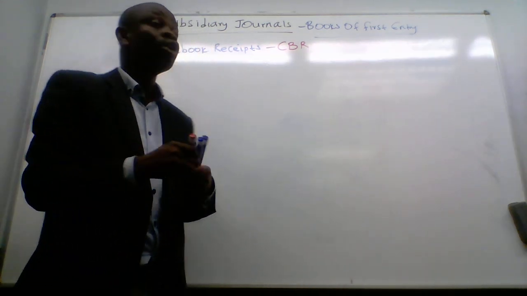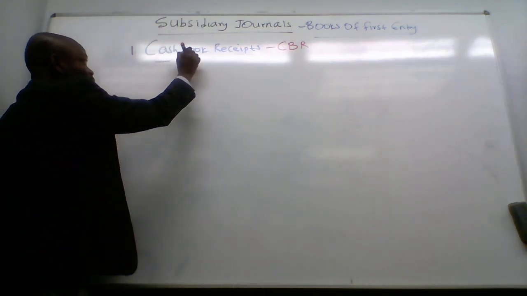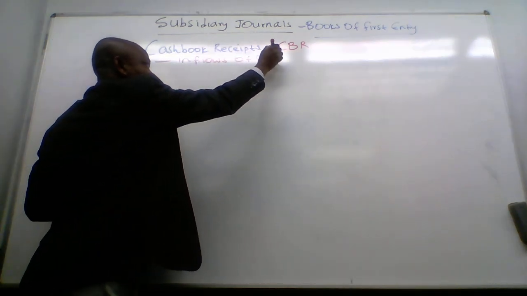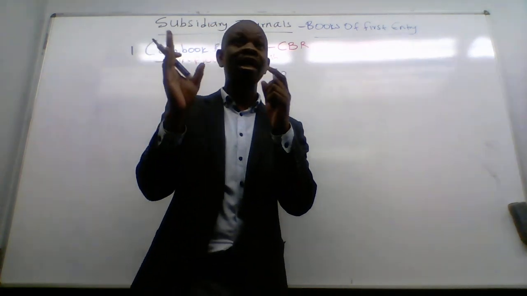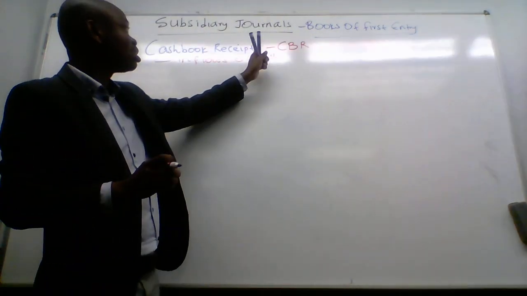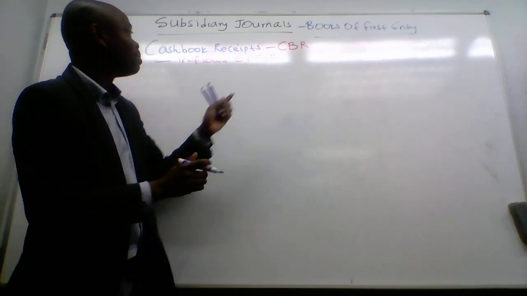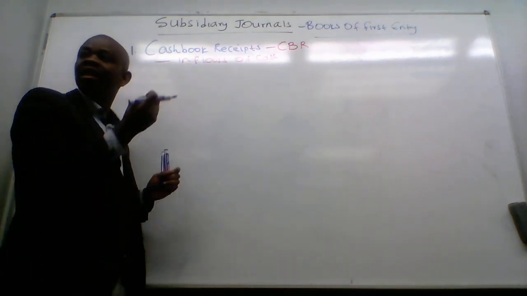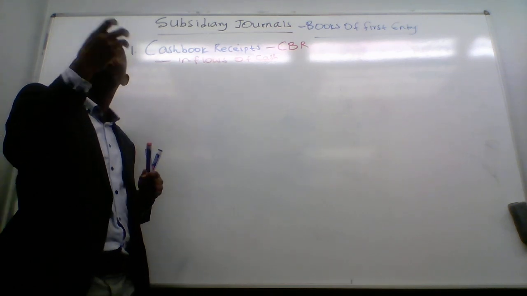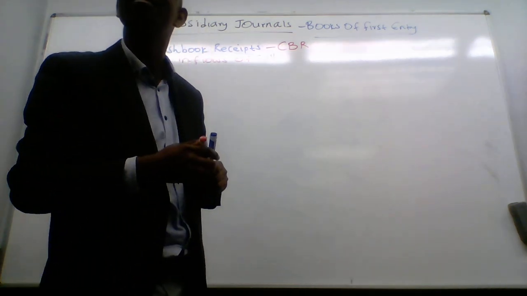In a nutshell, we record all the inflows of cash. You will realize that by the time we receive, we are going to record under cash book receipts. Meaning any cash that is getting in must be recorded under cash book receipts. Meaning you must understand when you read a transaction.